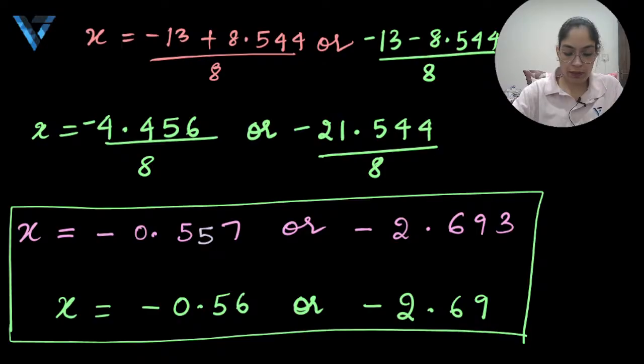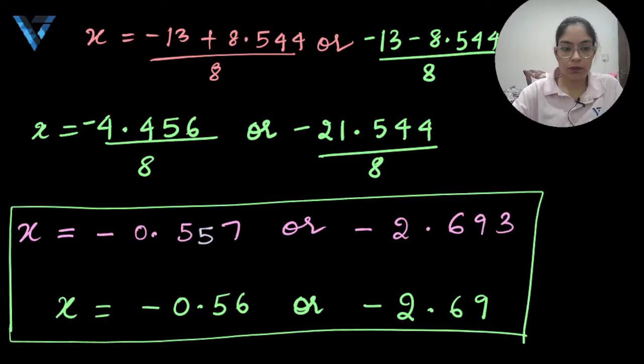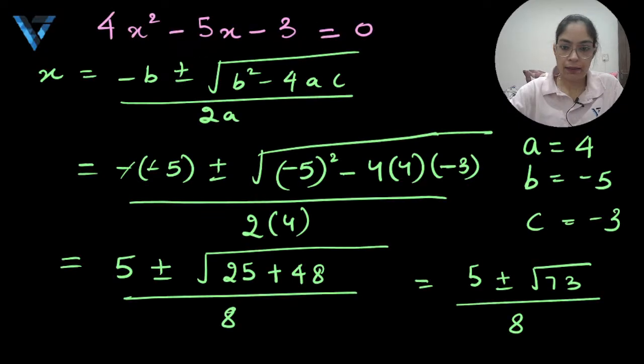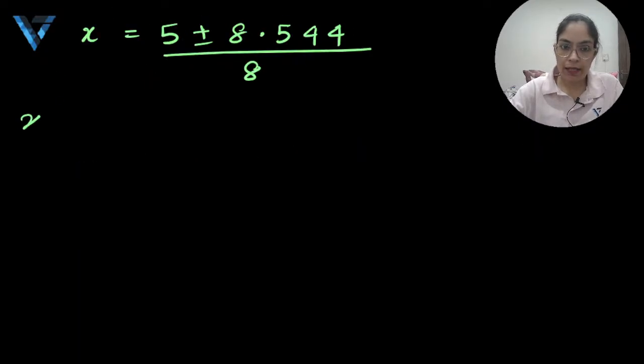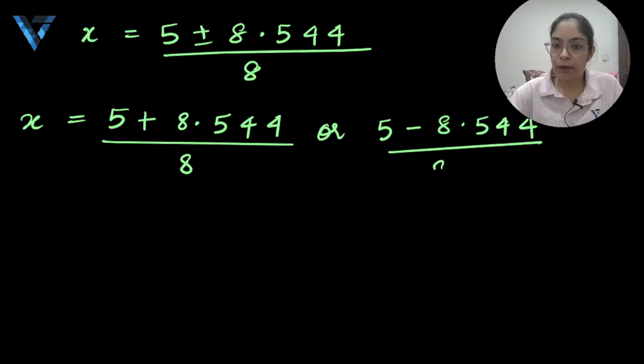It is 8.544. So x is equal to 5 plus 8.544 by 8, or 5 minus 8.544 by 8.